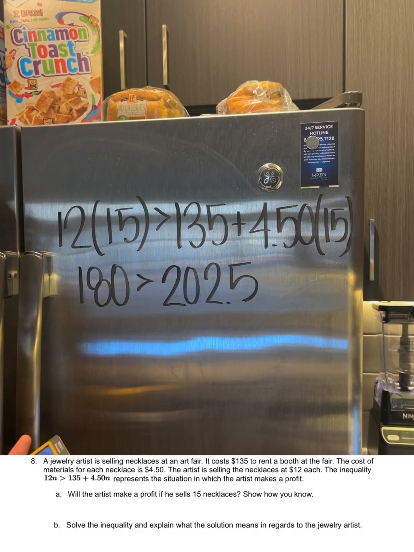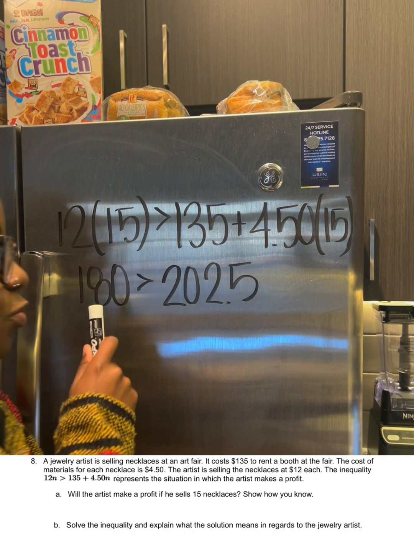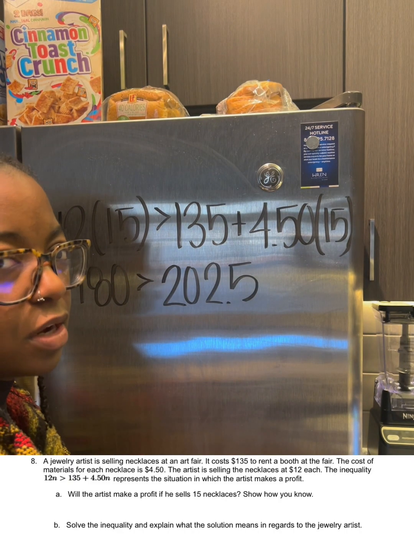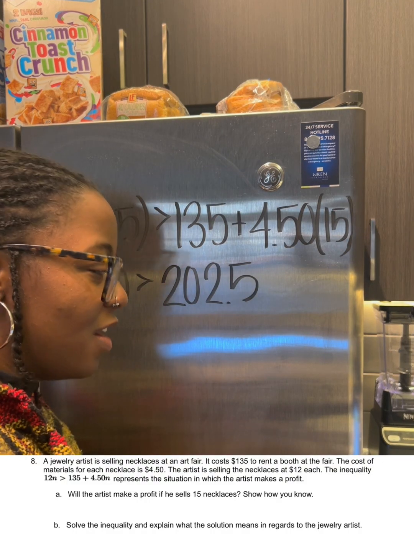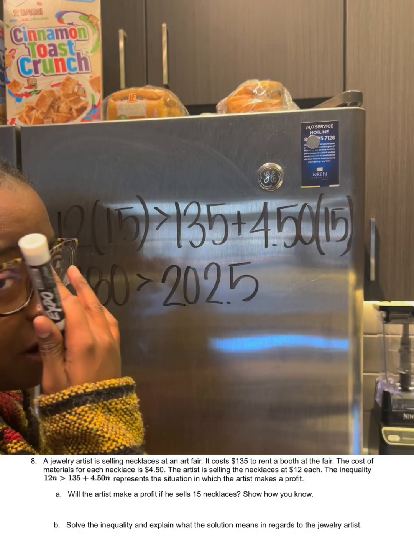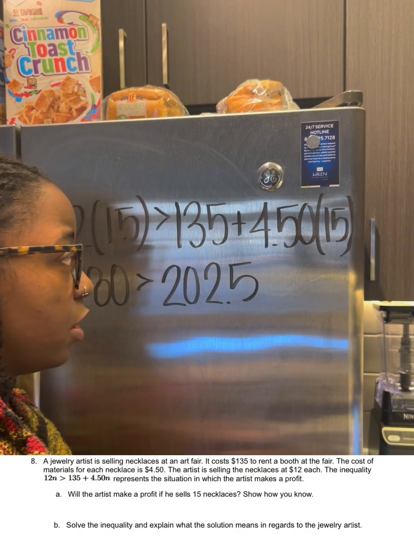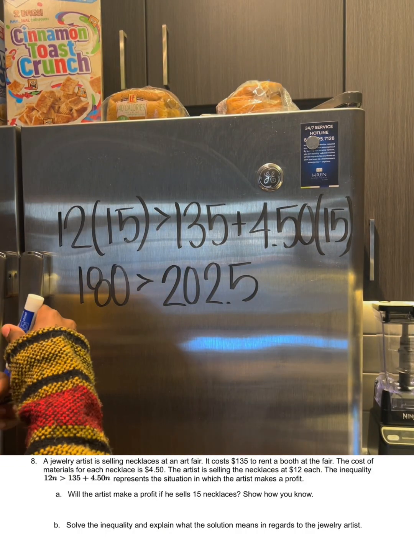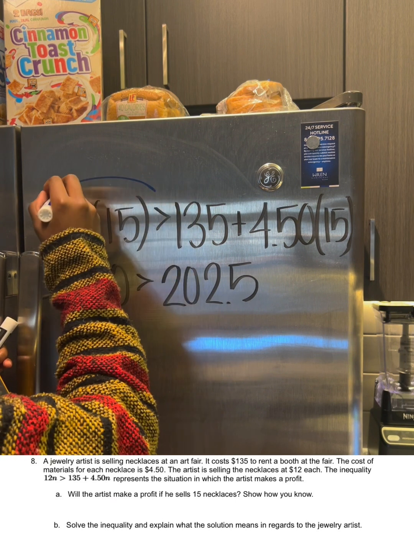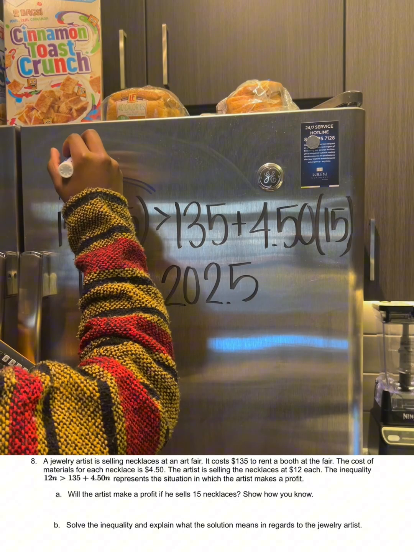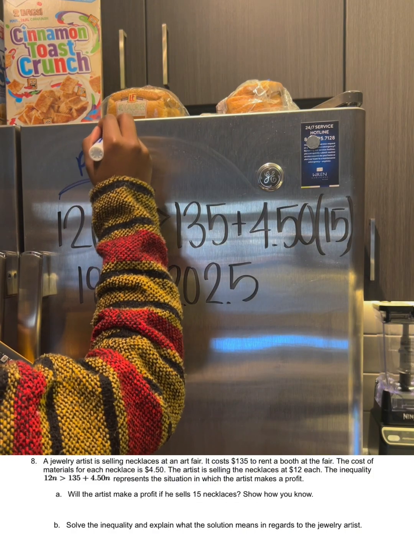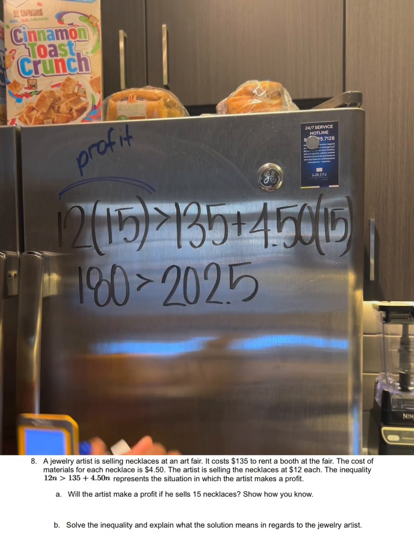All right, let's ask ourselves a question. Is 180 greater than 202.5? No. Now here's how you can figure out if he made a profit or not. This side is the profit. So this is how much he makes when he sells it, right?